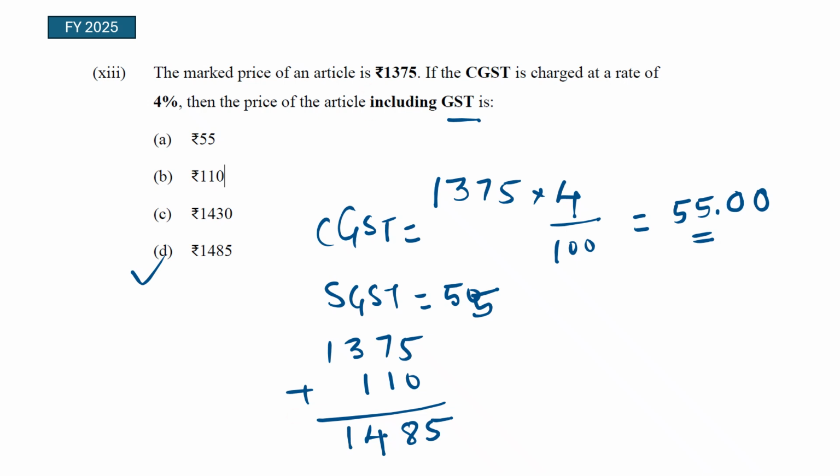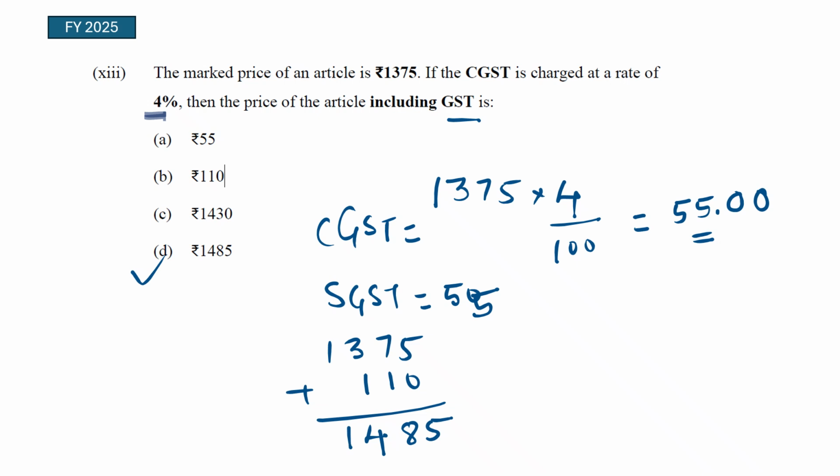Now the mark price of an article is given as 1375. If the CGST is charged at a rate of 4%, then find the price of the article including GST. Now this CGST is 4%. That means you calculate it, 55. Your GST will be what? It's the same, or you can just say 8% of it.